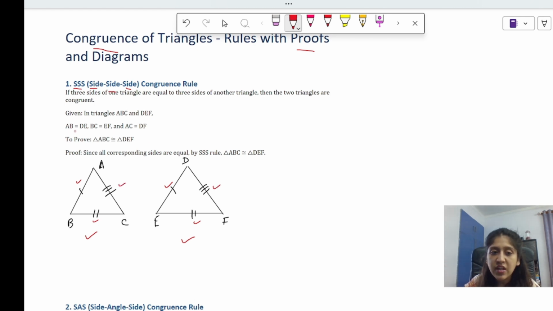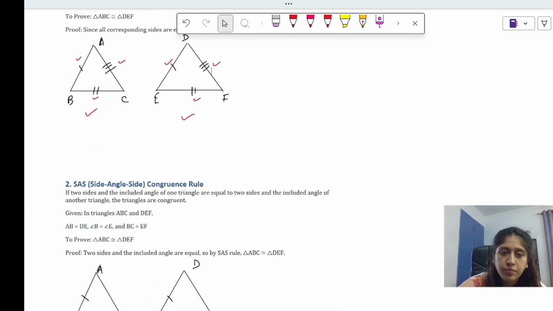I hope the things are clear. What did I say? All the sides are equal correspondingly. That is, AB of triangle ABC is equal to DE of triangle DEF and similarly the other sides. I hope the concept is clear. This is side. Side means the sides of both the triangles are equal correspondingly. I hope this is clear to everybody. Okay? So this is the first rule.